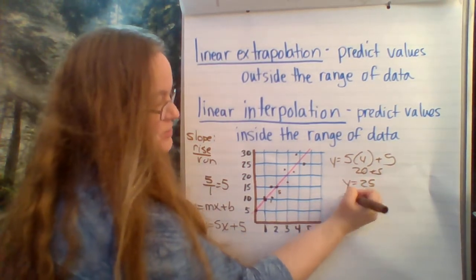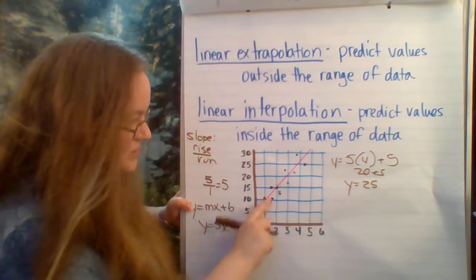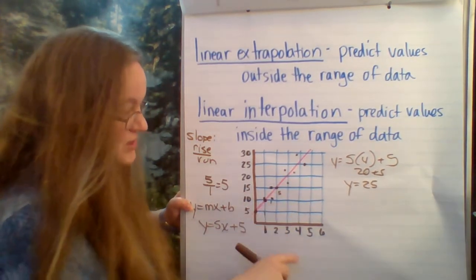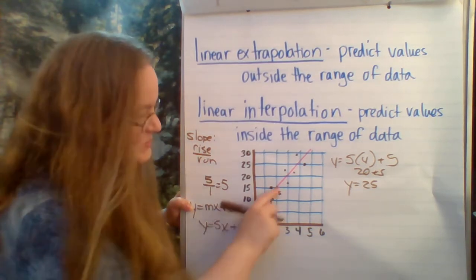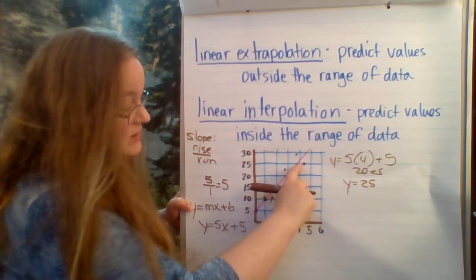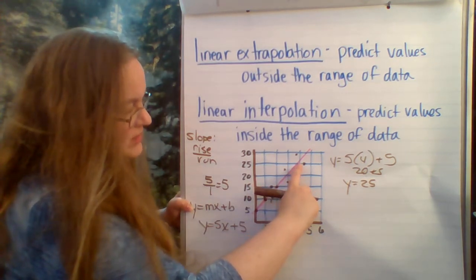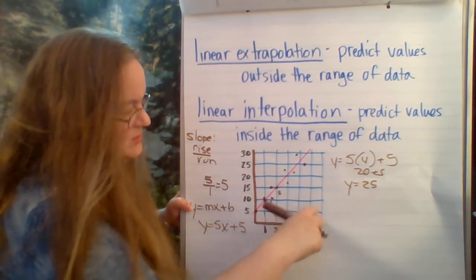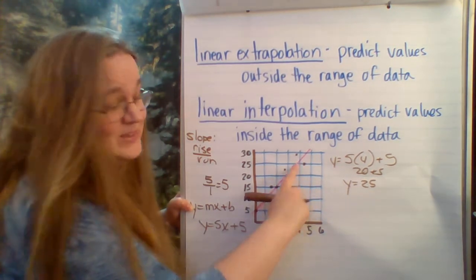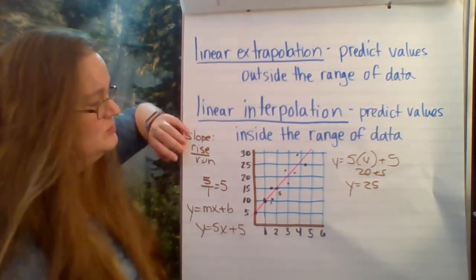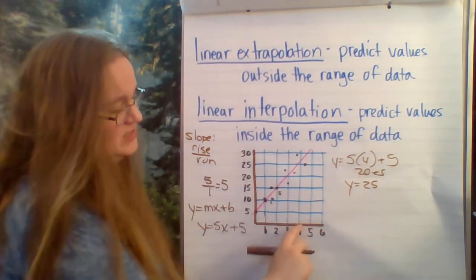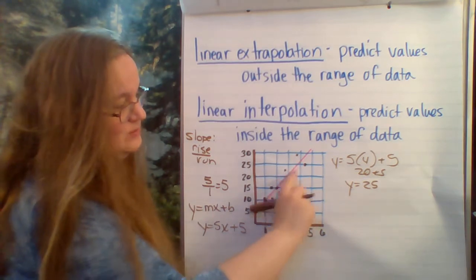Now, again, my drawing's not perfect, so it doesn't actually go through that point, but theoretically, if I was drawing on a grid and everything was perfect, it would go through that point. But you can see that it's about right there. And if I had equal size squares and not something I just eyeballed, then that would in fact hit that. Okay, so that's what we do when we want to make a prediction. And that would be interpolation, because of course we're inside the range of the data.